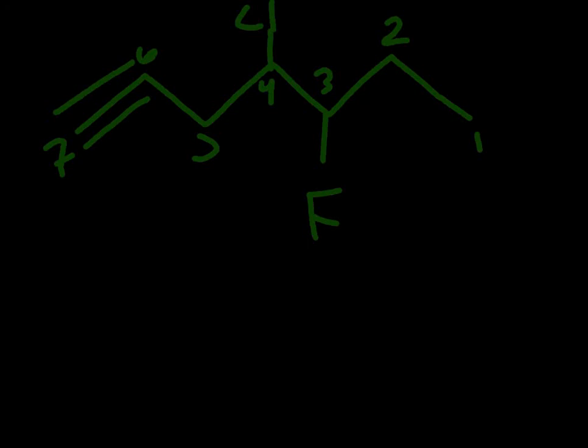So the longest chain is 7 carbons. On the third carbon, we have a fluorine. On the fourth, we have a chlorine. And we have an alkyne going from 6 to 7, the 7th carbon. So let's piece this all together.